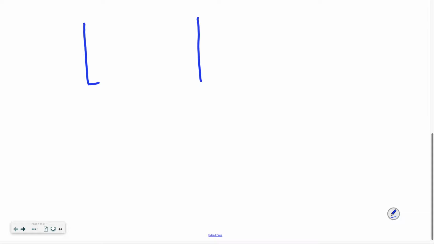Typically, matrix bars look like this, right? But when we cut that piece off, we are talking about a determinant. Okay, so I'm going to just randomly make up a 3x3 determinant.